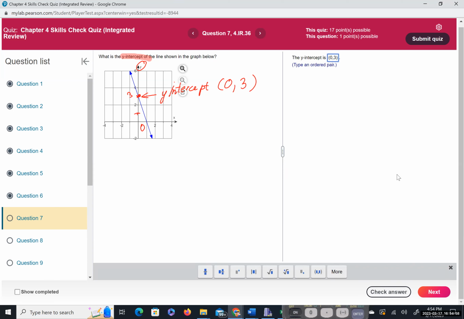Okay. Now I move on to the next one from the form here. They want you to find the y-intercept.